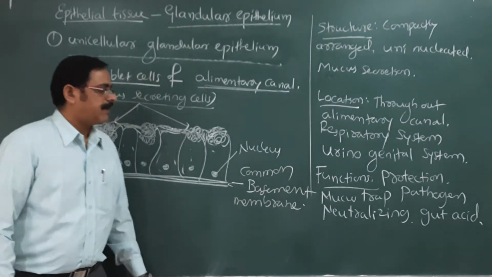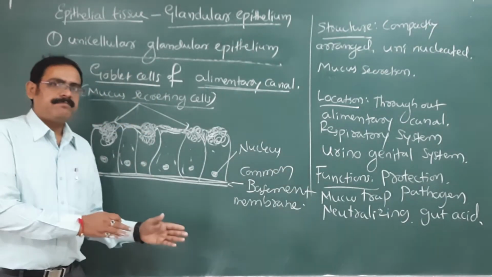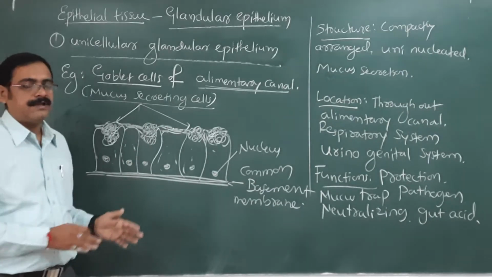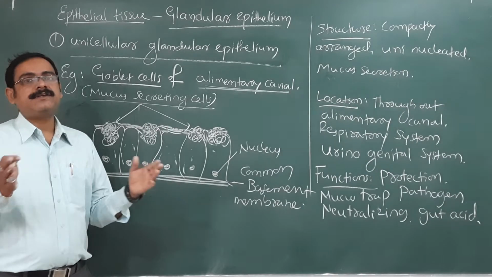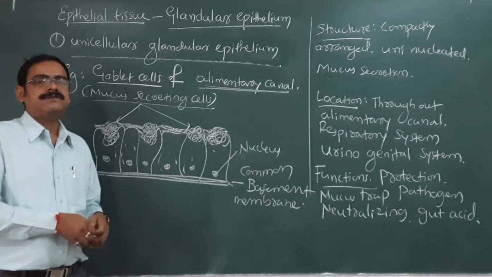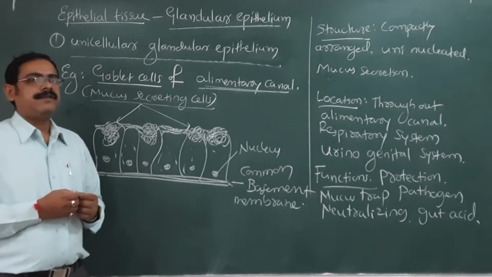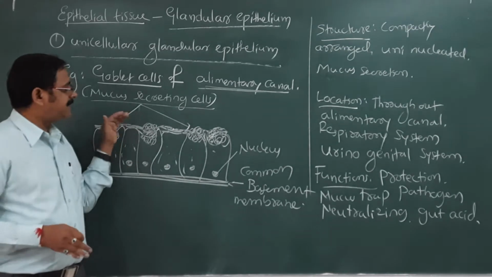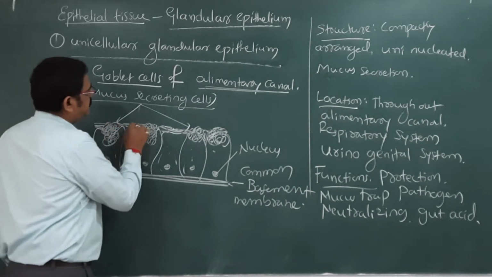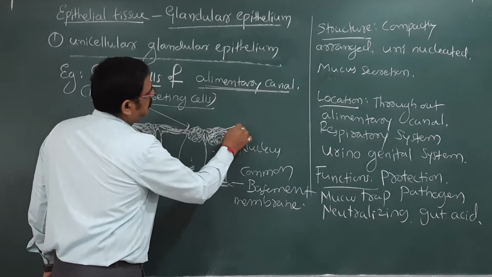And here the mucus traps pathogens and provides protection, and other than that, protection from the gastric acid, HCl. HCl is there in the stomach, but when the food is going along with it, it may burn the intestine. That's why it is avoided by a thick layer of mucus.